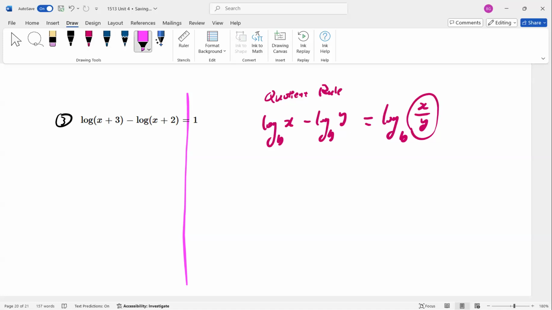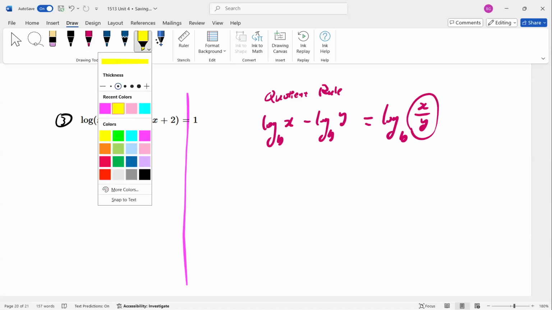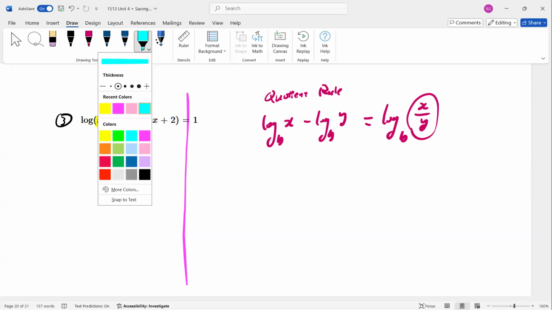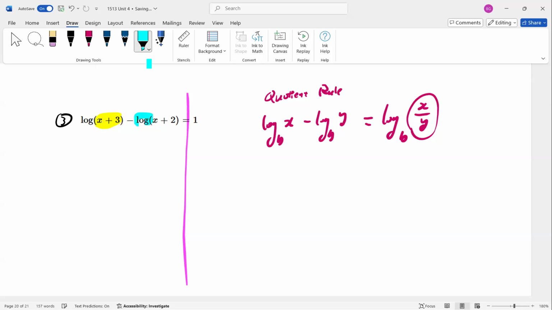I'm going to use the color scheme. Yellow, blue, so green, blue. Okay. Right. Left side has a base 10. We're going to keep the base 10.